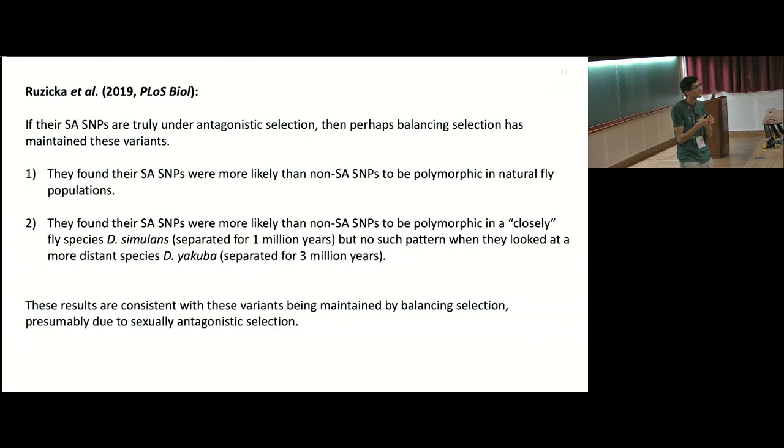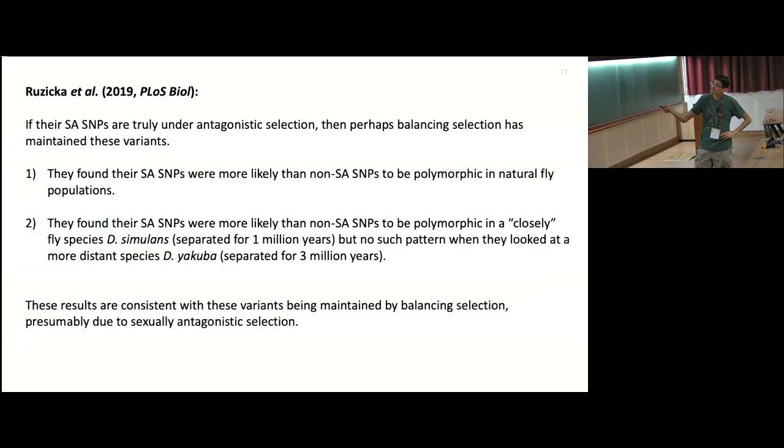And they compared that, as a control, to non-sexually antagonistic SNPs in their sample that were at the same allele frequency, because you want to control for allele frequency. They also control for a couple other things as well.